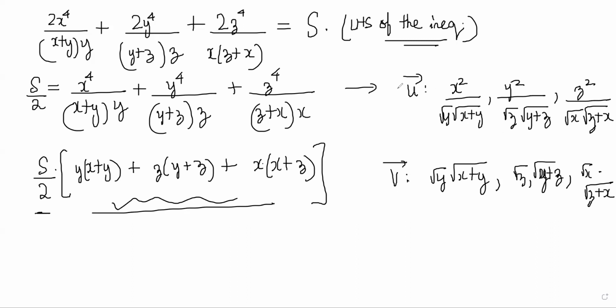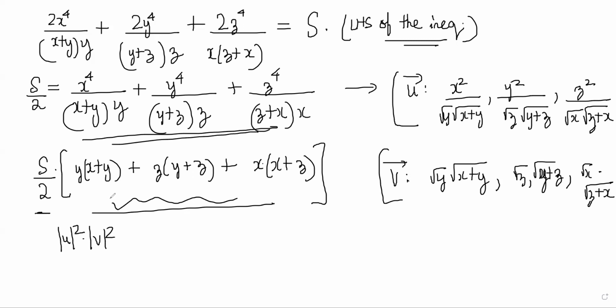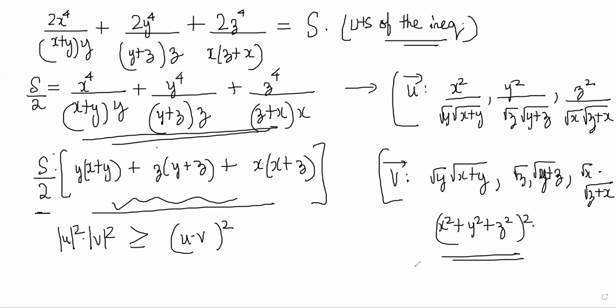So if you think of the u vector like this and the v vector like this, the term here is simply |u|² times |v|². That is, the product of S/2 into this should be greater than or equal to (u·v)². So what is (u·v)²? When you do the dot product here, you will realize that it is (x² + y² + z²)².